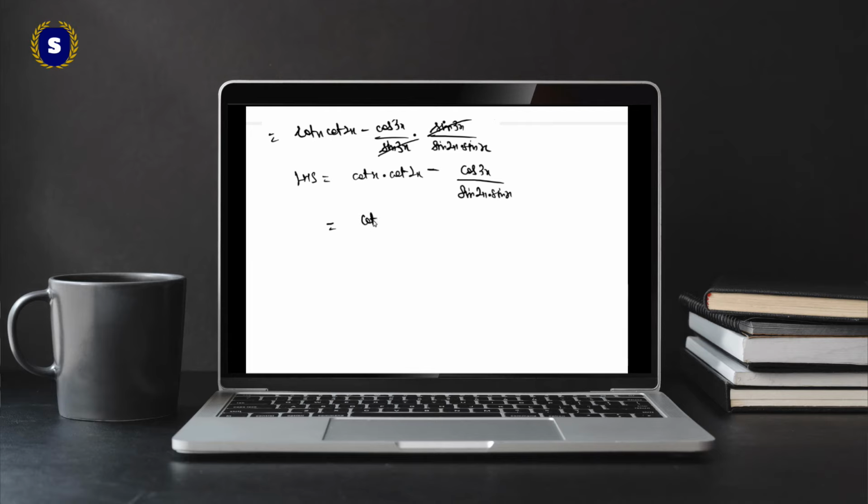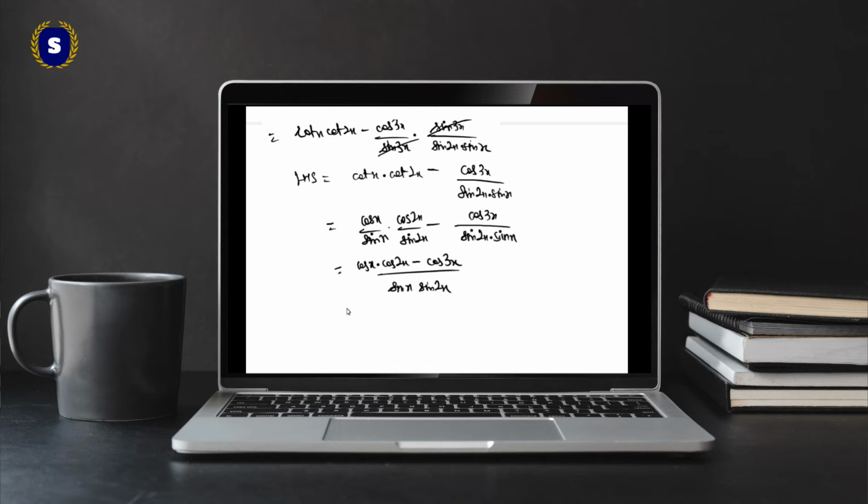Let's rewrite cot x as cos x upon sin x and cot 2x as cos 2x upon sin 2x. Now taking the LCM, we get sin x sin 2x as denominator, and on the numerator side we'll get cos x cos 2x minus cos 3x.